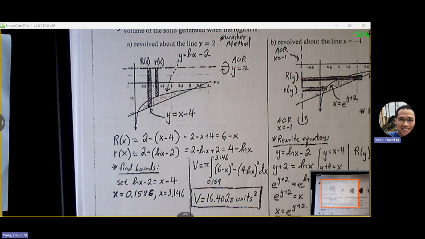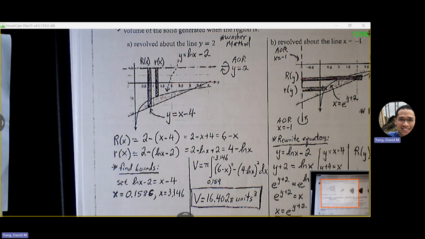And even if it were touching, it would still be washer method. Then we extend from the axis to the two boundaries of the shaded region, and that's going to be your big R. I know this looks like the edge of the diagram, but it's really at the center because this is going to end up rotating around that axis. That's going to create a weird shape with a gap in between, a hollowness in between.